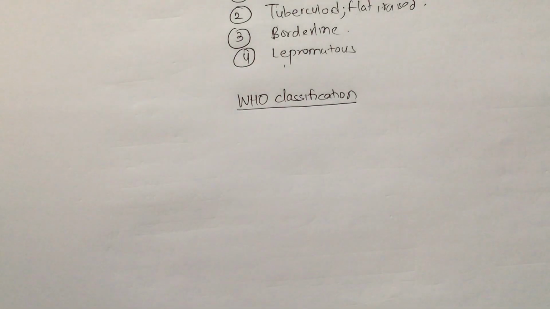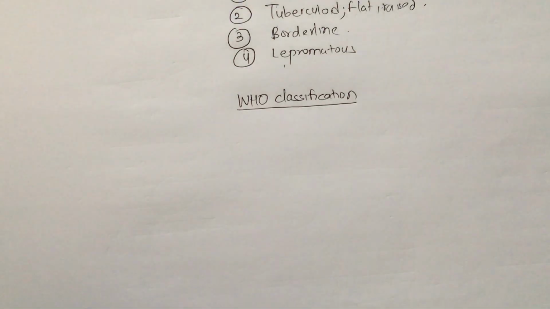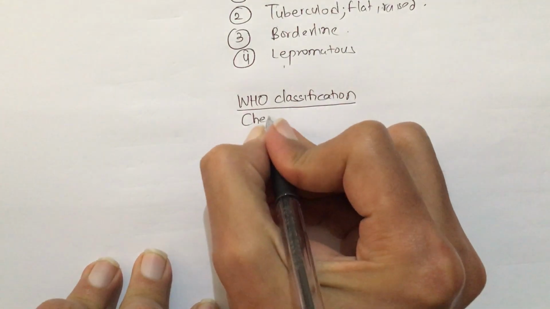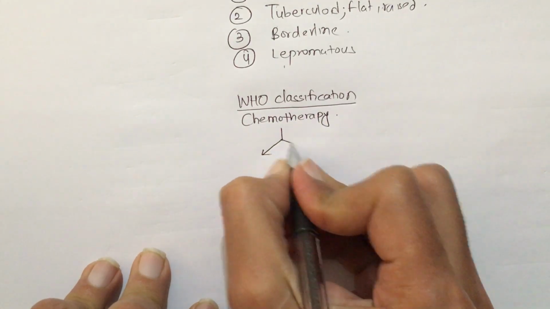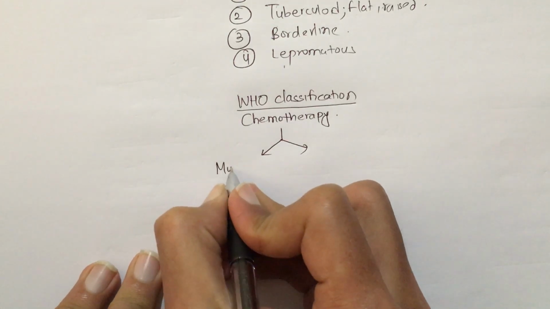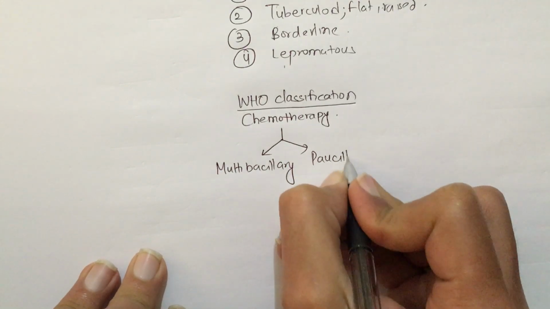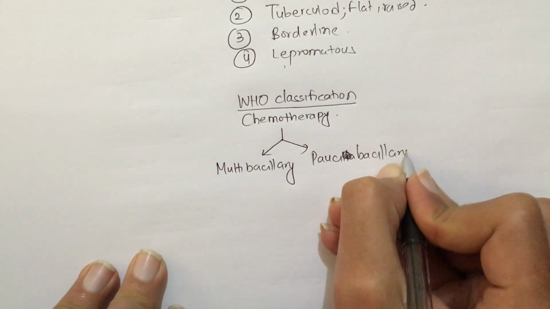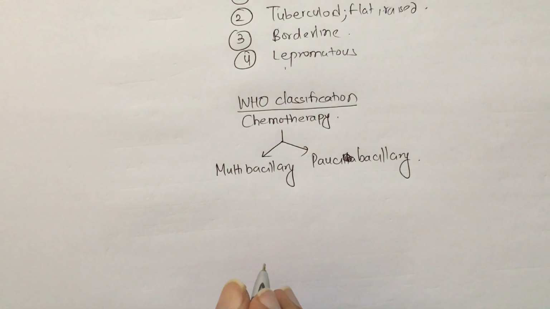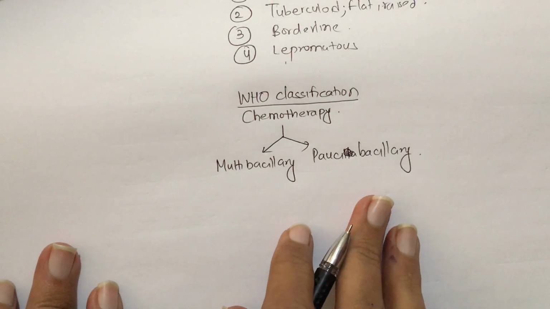In 1981, the WHO study group on chemotherapy of leprosy for the control programs classified the patients for chemotherapy into two classifications: one is multibacillary, second is paucibacillary. Now let us discuss the differences between these two types of classification, multibacillary and paucibacillary.